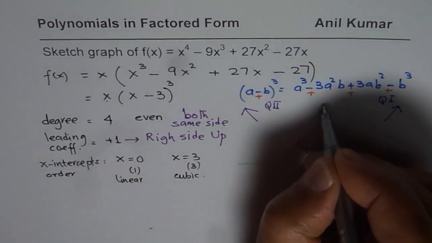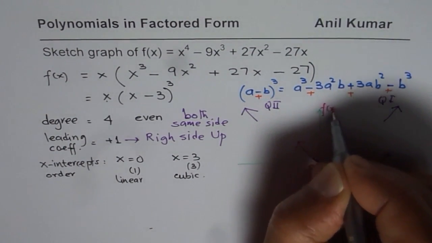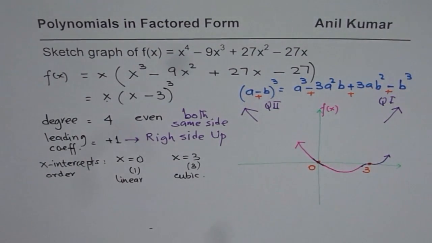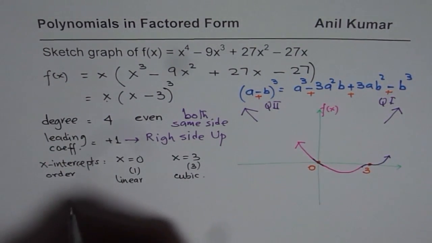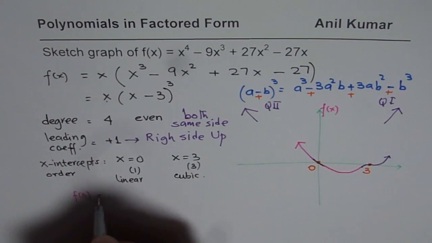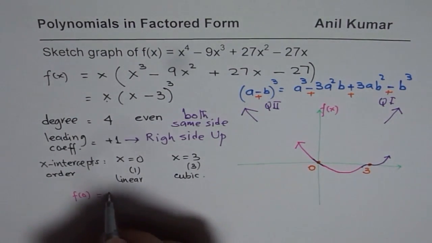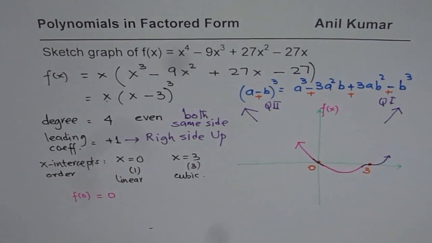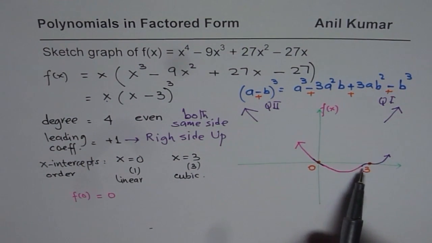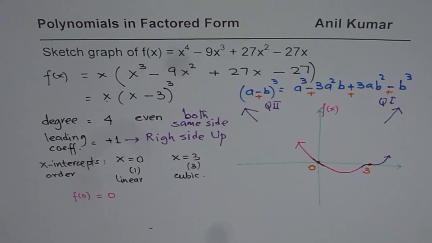So we can always write f of x here, and the y-intercept is 0 for us. So we can check f of 0. If I substitute 0, 0 times anything is going to be 0. So that becomes the y-intercept, and this is the graph for us. You can always take few more points, put them on the graph paper and draw more accurate graphs.